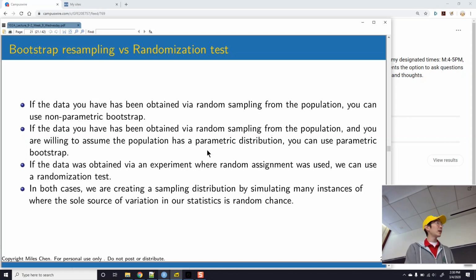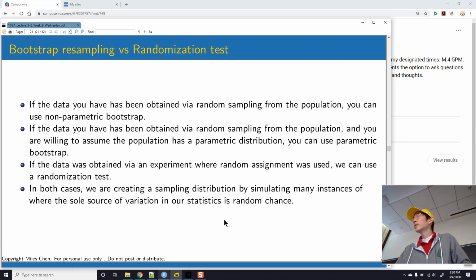If the data you have came from an experiment with random assignment, then you can use a randomization test. So these are the different resampling methods that we're doing. And in all of these, we're creating a sampling distribution, where randomness is the key factor.